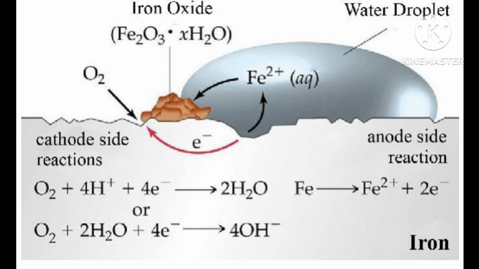Now further I am going to discuss protection. How will you protect? I am talking of prevention. Already I told this thing, conversion, that prevention: how will you prevent corrosion? Prevention of corrosion is of prime importance.